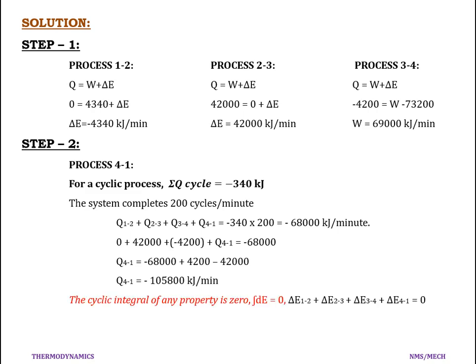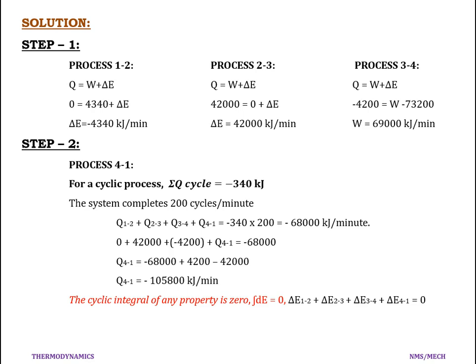Also we know the cyclic integral of any property is 0. Here the summation of internal energy is equal to 0. This is the rule. We should understand the cyclic integral of any property. Cyclic integral means the total of the values.